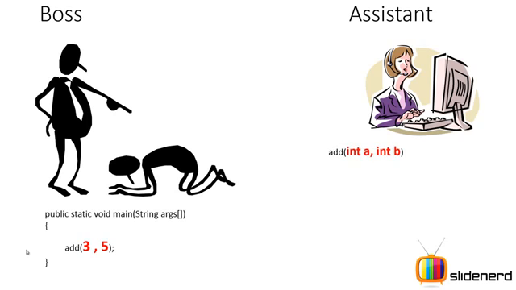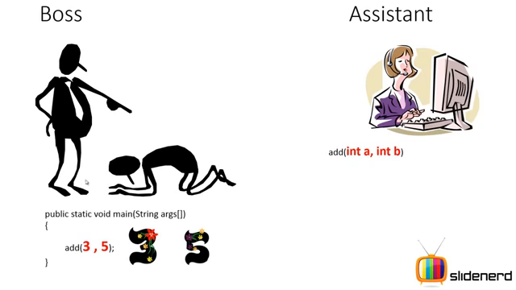What happens is you have the assistant who looks like this now. This time, remember last time when I showed you guys, the add had an empty bracket near it, and I told you that the name of the assistant has an empty bracket. Right now this time there's int a and int b written inside. Now what does that mean? Very simple. You have 3 and 5 over here.